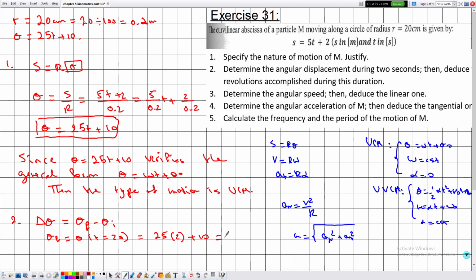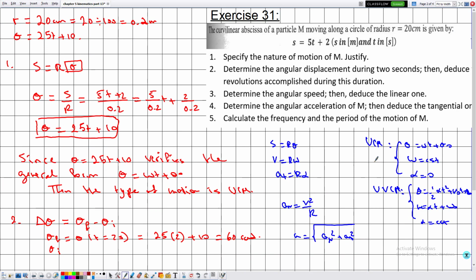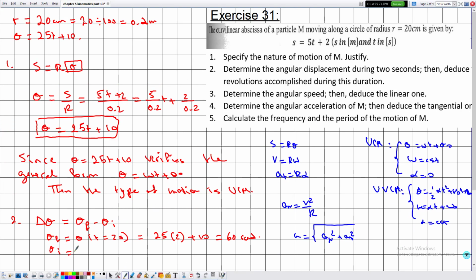So this is equal to 60 radians. Now theta initial is for t equal to 0, which is theta 0, equal to 10 radians. Now delta theta is equal to 60 minus 10, which is equal to 50 radians.